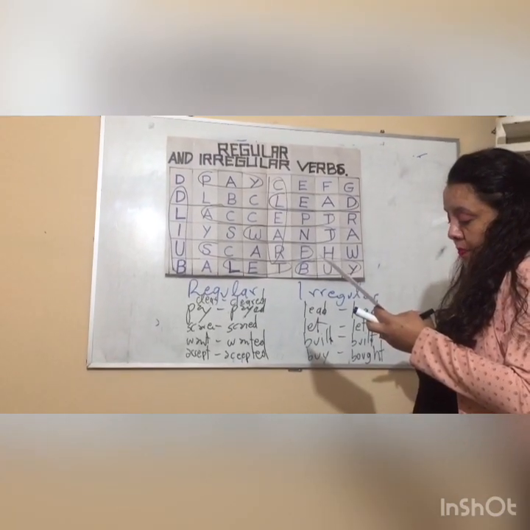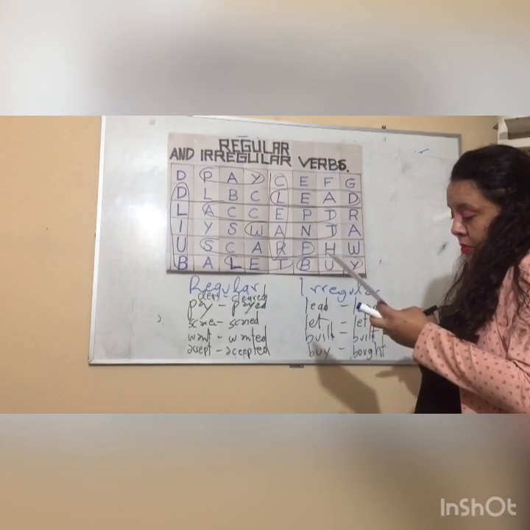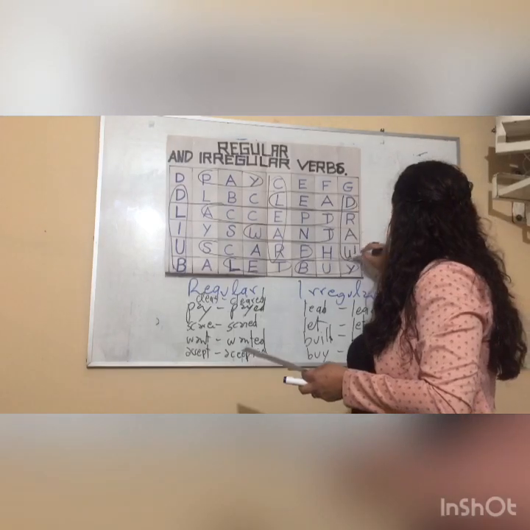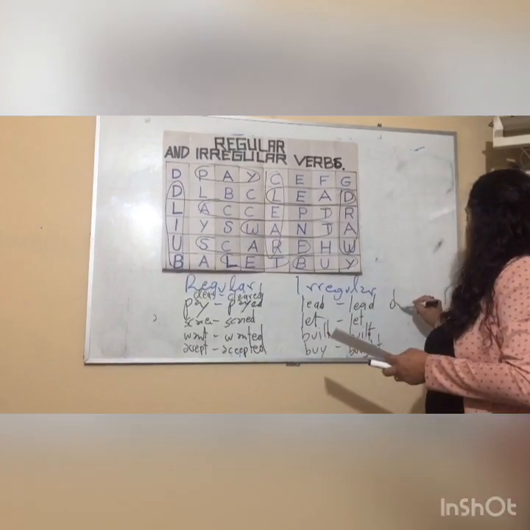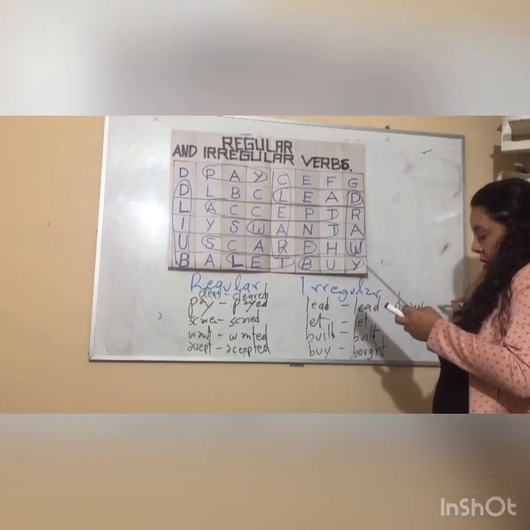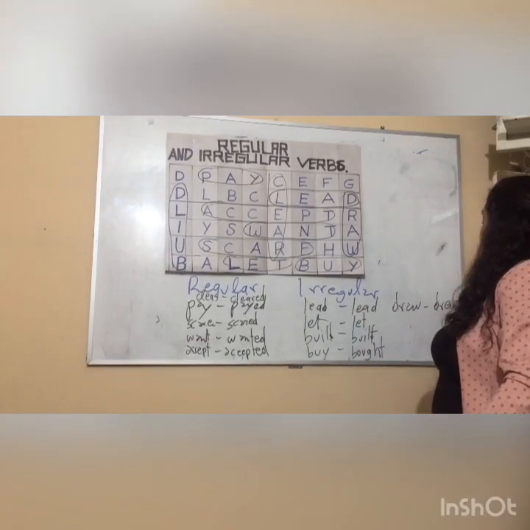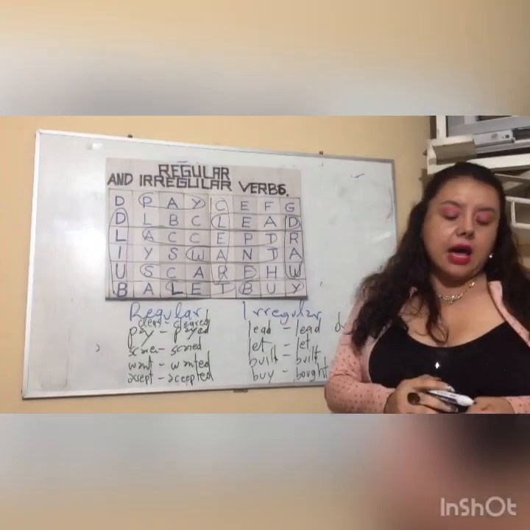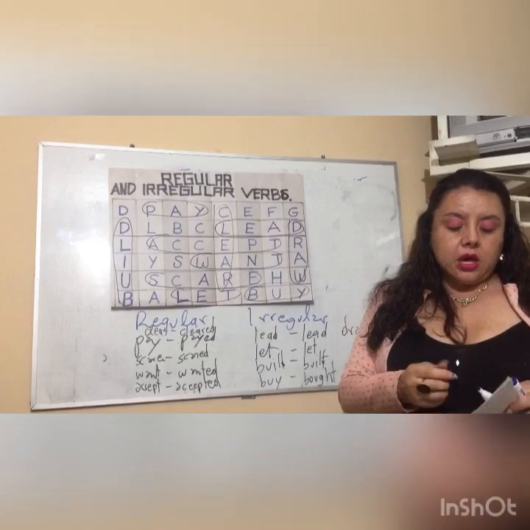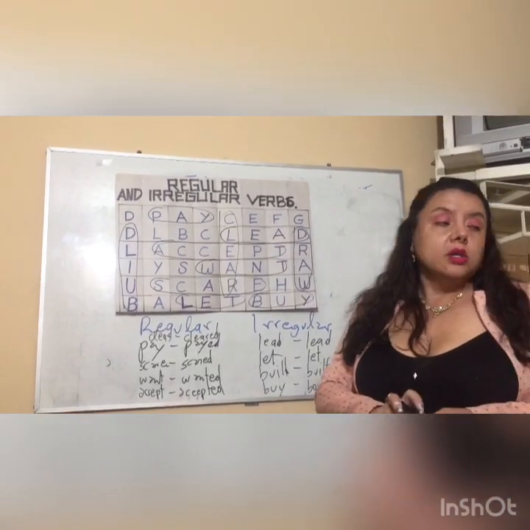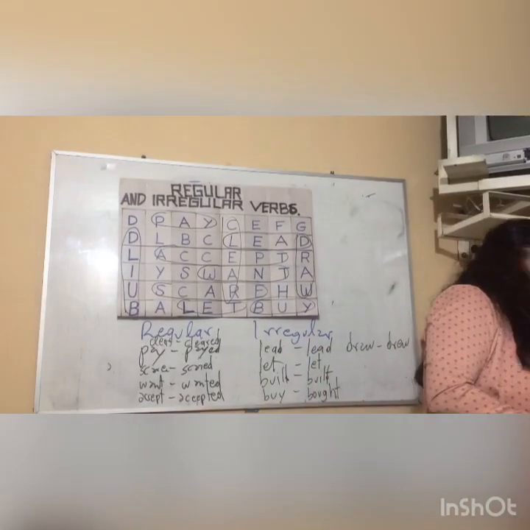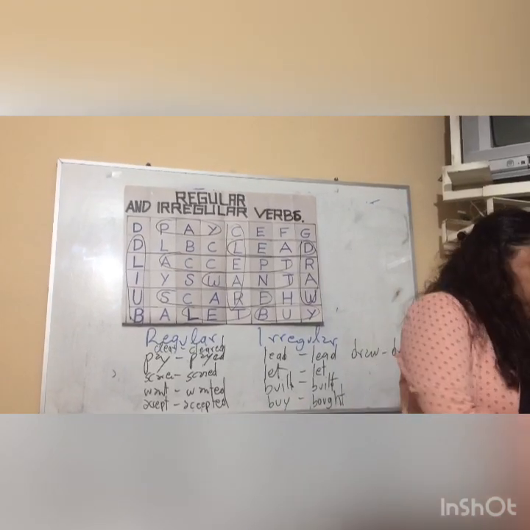Where is draw? Draw. This is another irregular verb. That is the way that the students are practicing the verbs, and they know the concept of each one. So that is the way that I can find to show them.